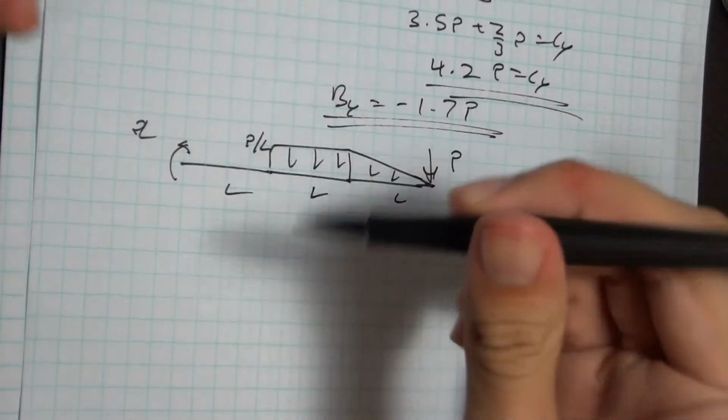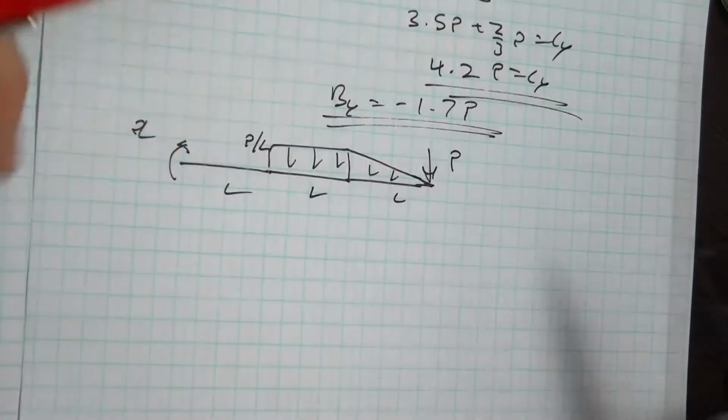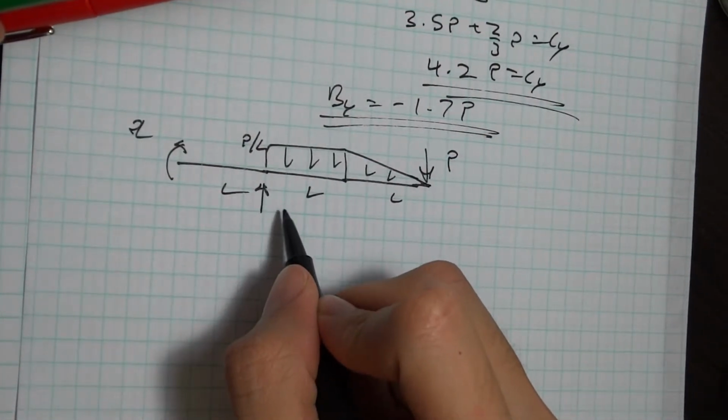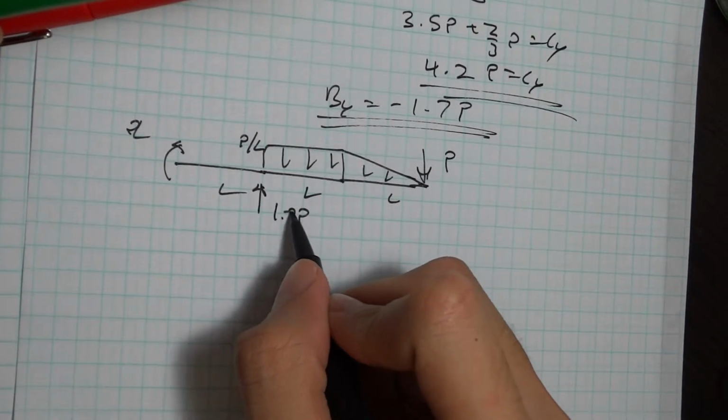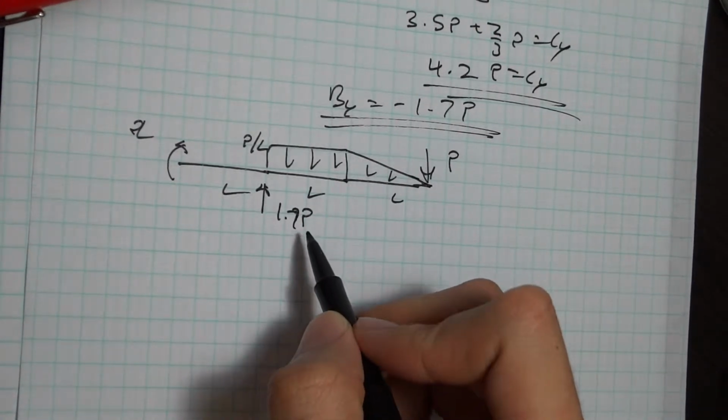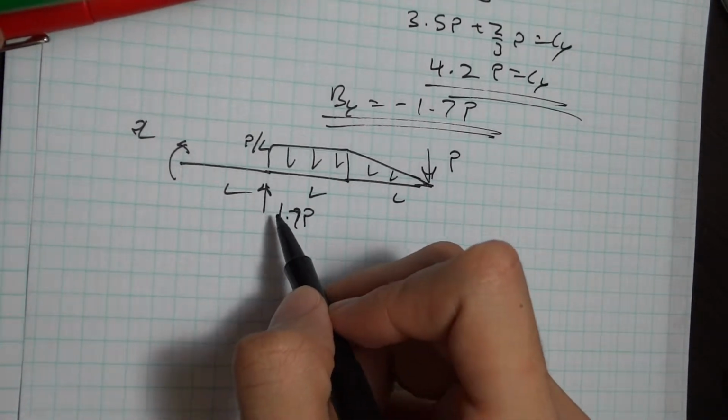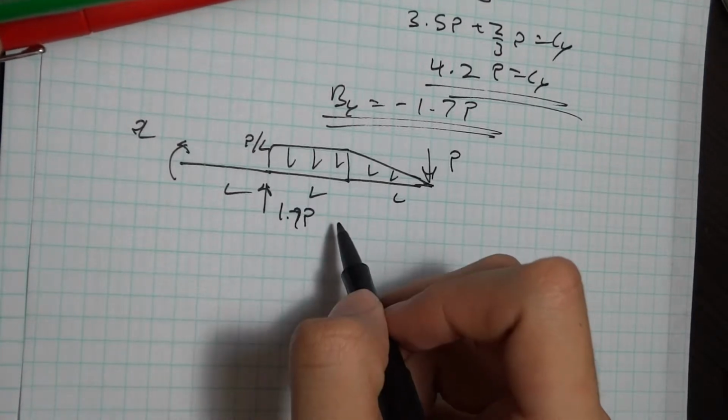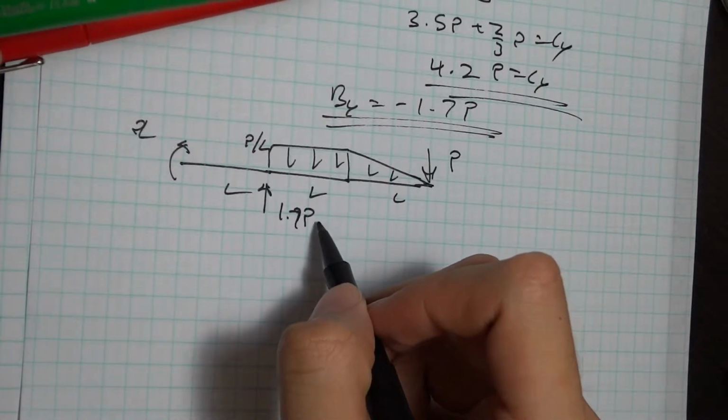Let me draw the reactions in. 1.7P. When you're doing your reactions, make sure that your arrow and your sign don't cancel each other out.